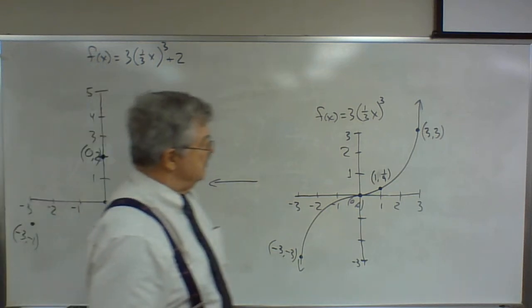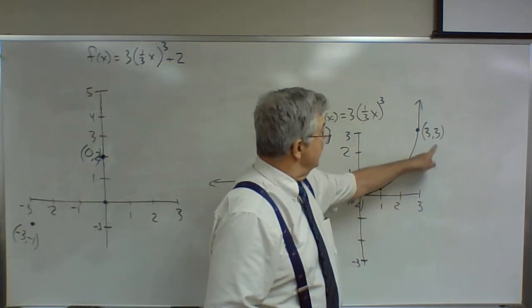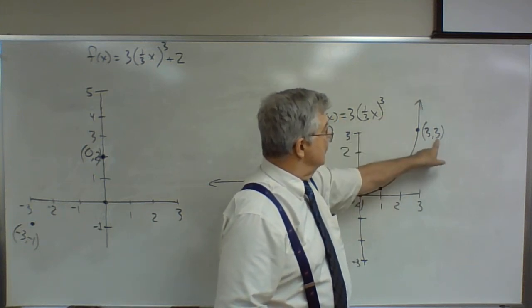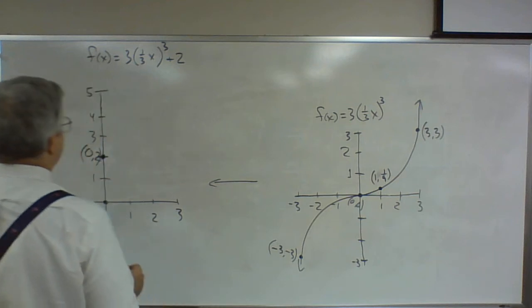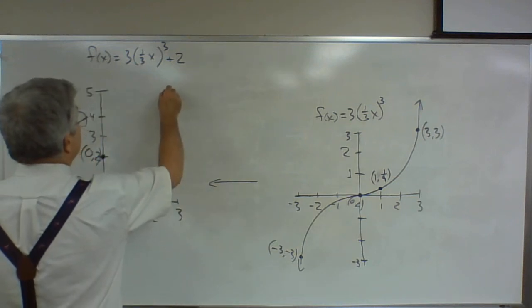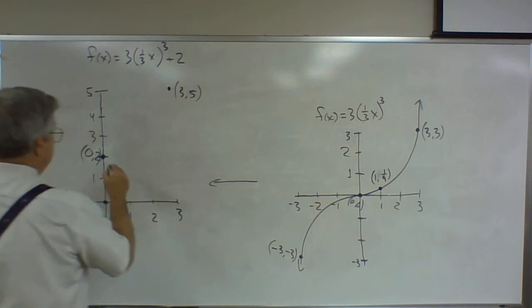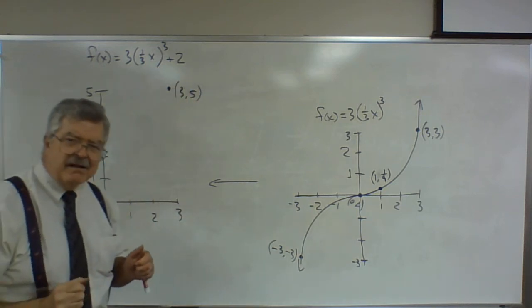And this point, its y coordinate is 3. It's going to get moved up 2 units. The y coordinate will be 5. The graph will be shaped exactly the same way.